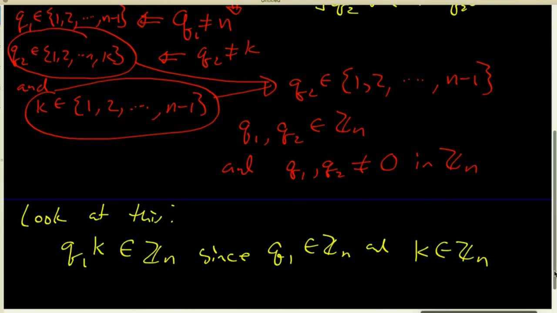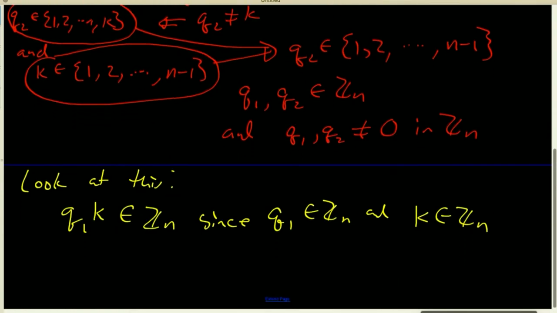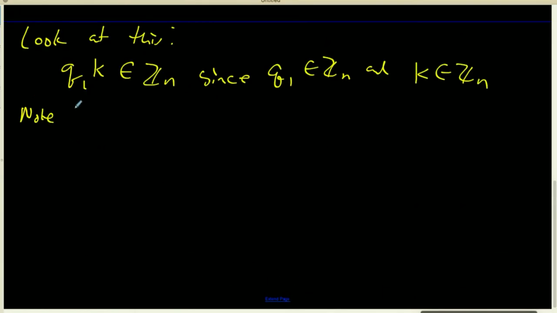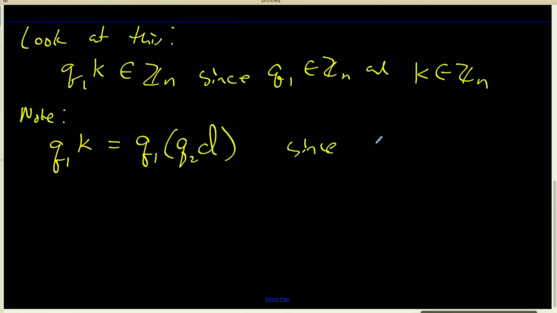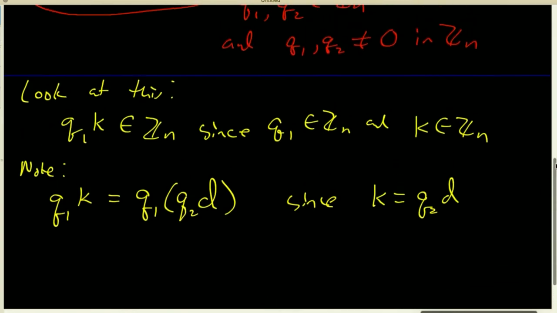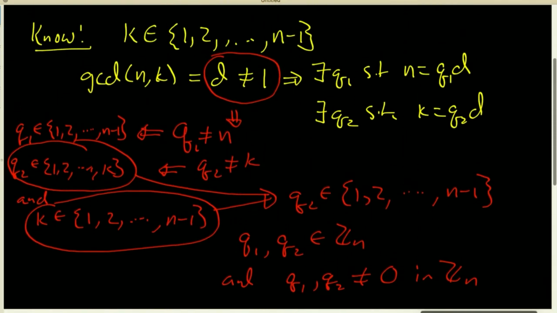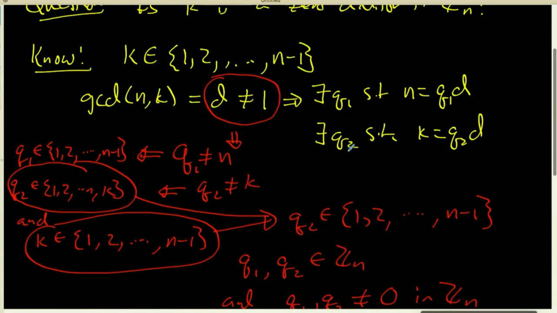So the question is, what element is this equal to? Let's actually take the time to compute this. Q1 times k is nothing more than Q1 times Q2 times d, because we know that k is equal to Q2 times d. Remember, we're using this fact right up here.